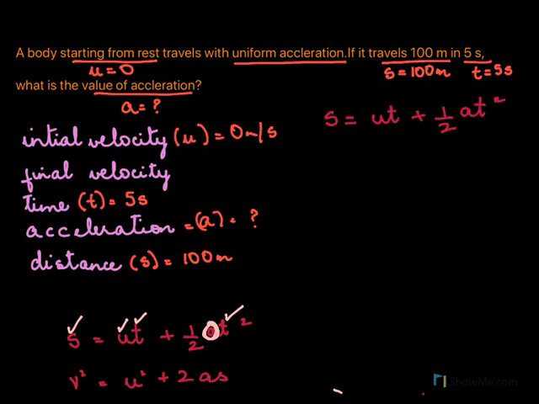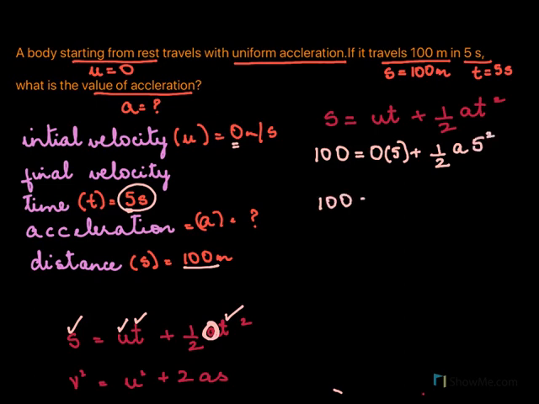We know our distance, s is 100. So we put 100. u, initial velocity, is 0. The time is 5, plus half, acceleration we do not know, and the time was 5, so this is 5 square. 100 equal to 0 into 5 is 0 plus half into a, and 5 square is 25.